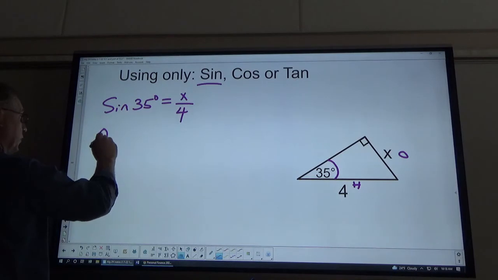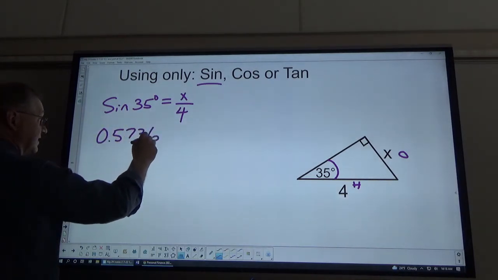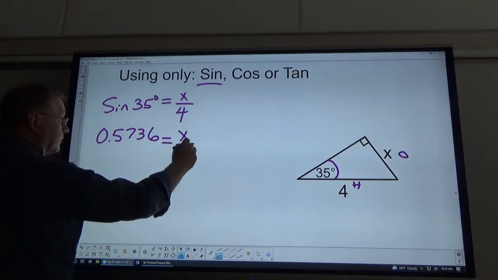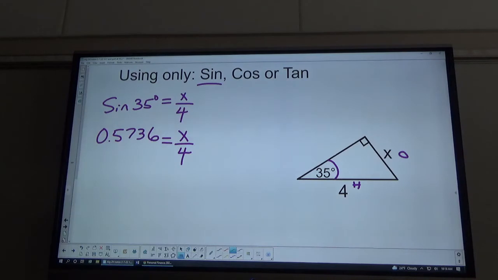So it's 0.5736. That's how I get my answer for sine, cosine, or tangent, rounded to 4 decimal places.